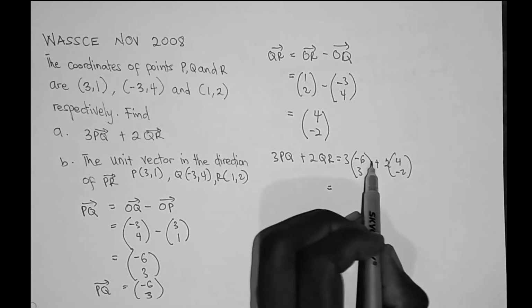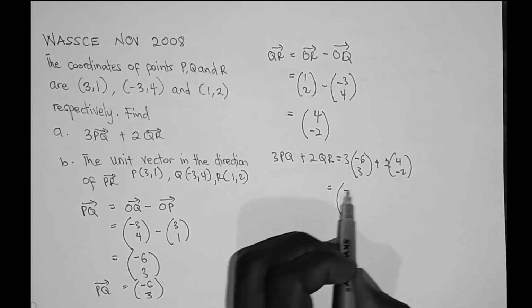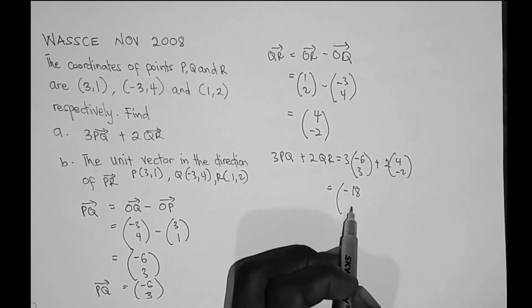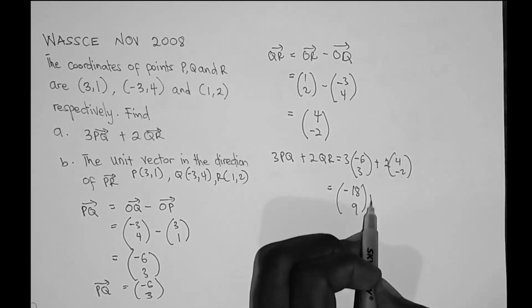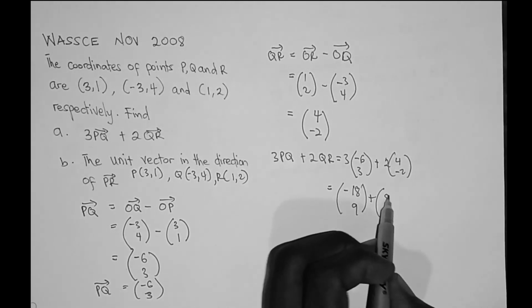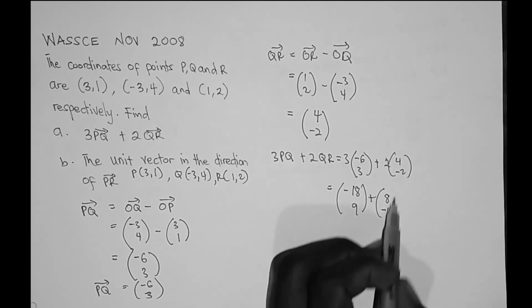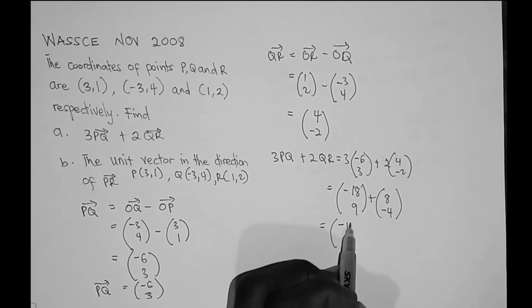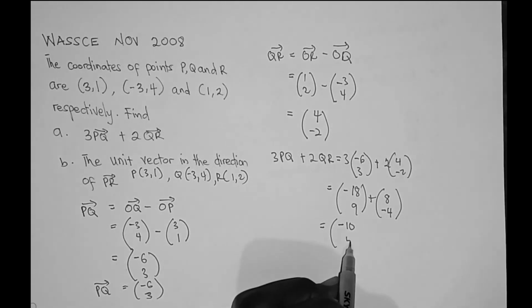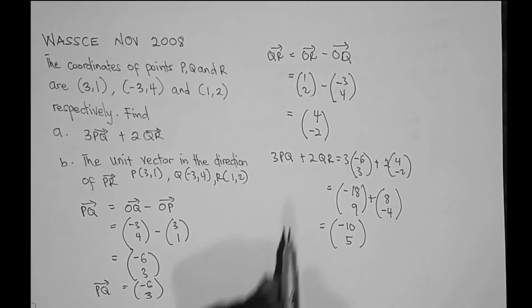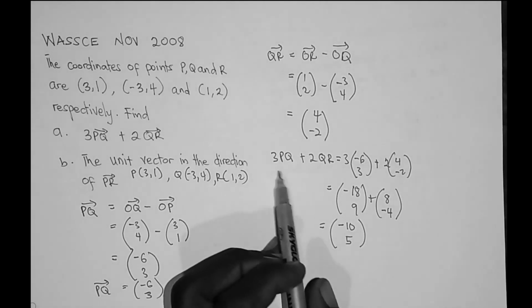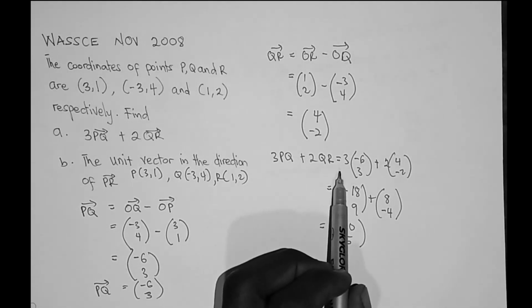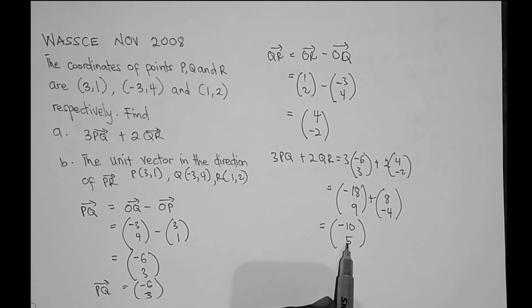So this is equal to 3 times minus 6 is minus 18, and 3 times 3 is 9. Then plus 2 times 4 is 8, and 2 times minus 2 is minus 4. So minus 18 plus 8 is minus 10, and 9 minus 4 is 5. So therefore, 3PQ plus 2QR is equal to minus 10 and then 5.